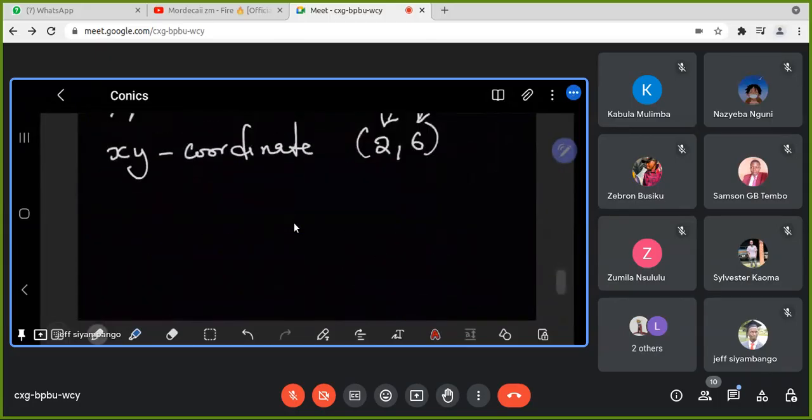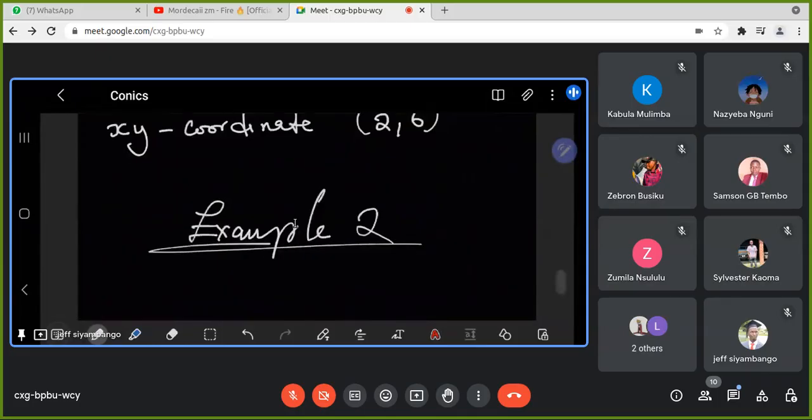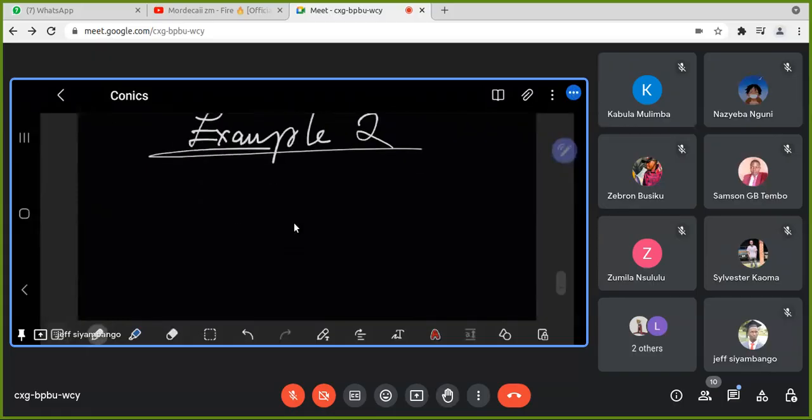But let's look at the second example. In the second example, we want to do something that actually does add up. In this case, let's use xy minus y squared minus 5y plus 1 equals 0.